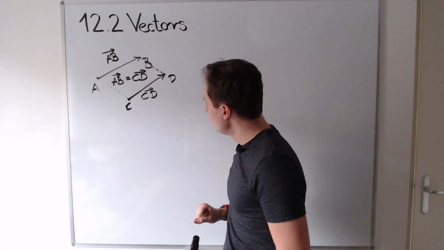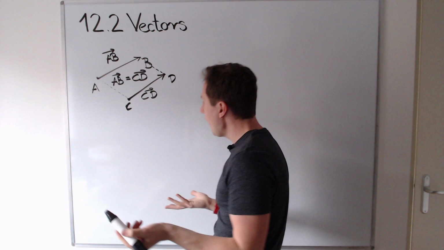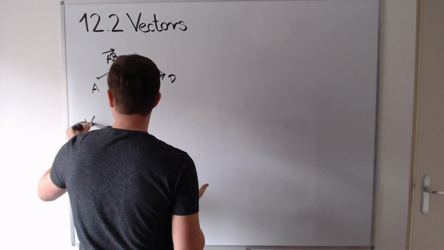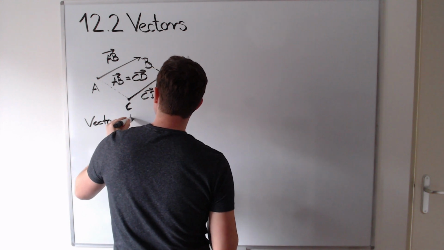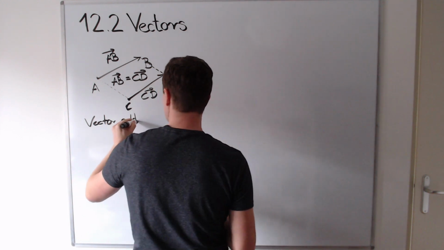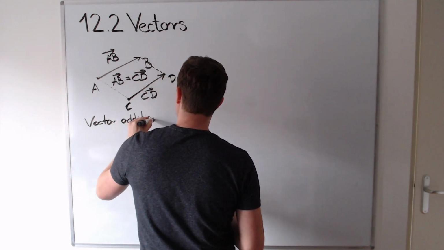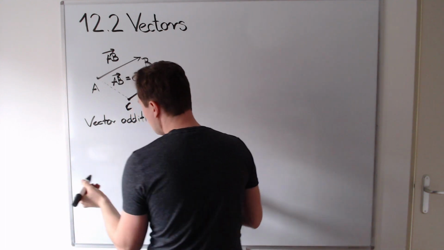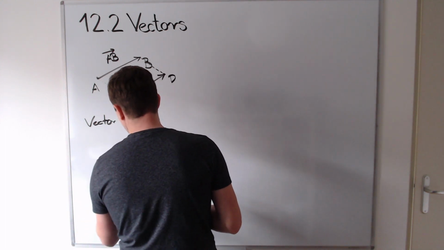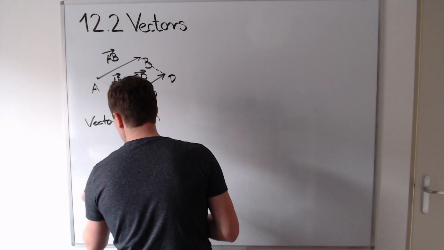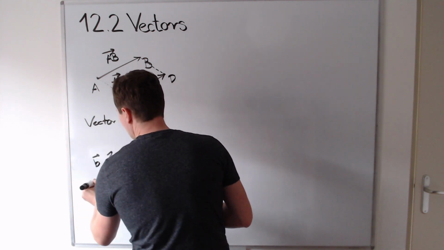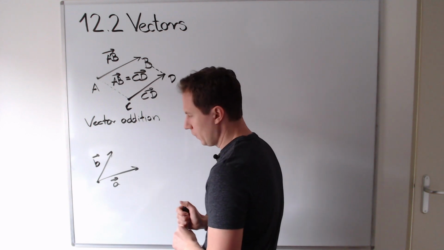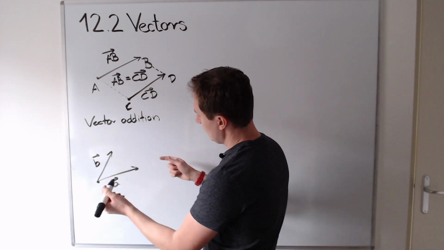Now hopefully you remember how we add vectors. Vector addition is done using the parallelogram rule, where you take two vectors, let's call these A and B, and you shift them so they have a common initial point.